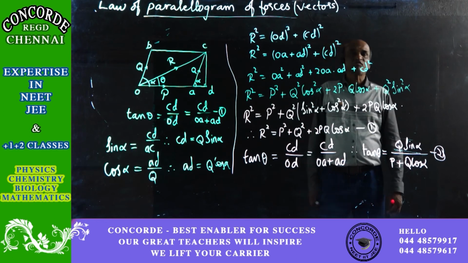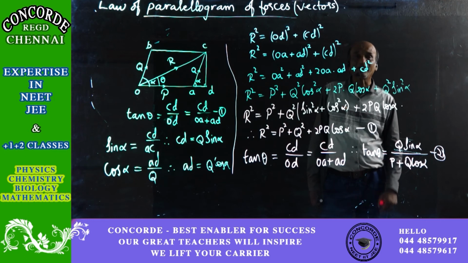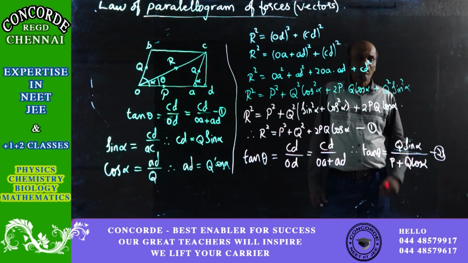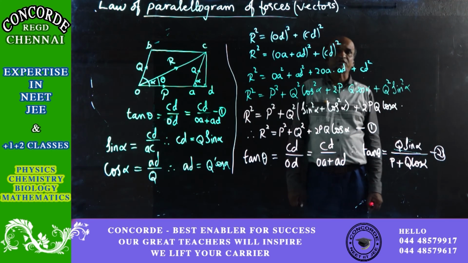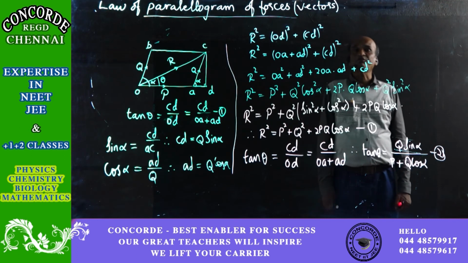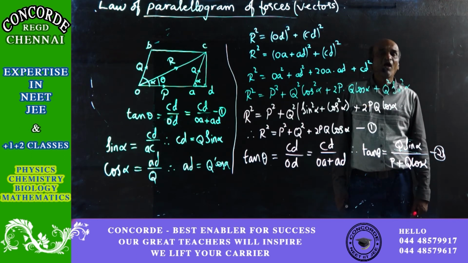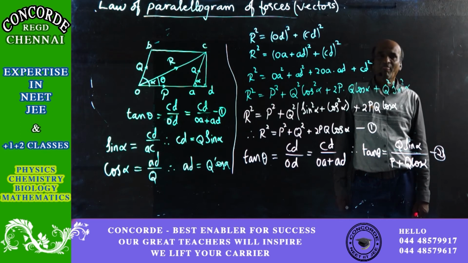But the confusion that will arise when you try to find out the direction is, Q and P are given. We have found out the value of theta by taking both Q and P, and from where is this angle theta? That will be the question. For example, one force is given equal to 20 newtons and the other force is given equal to 25 newtons.